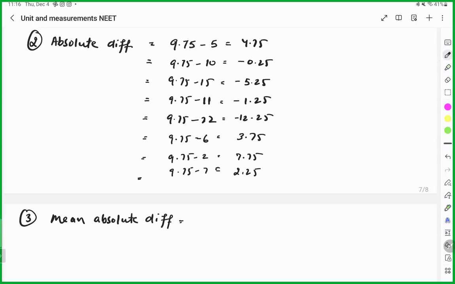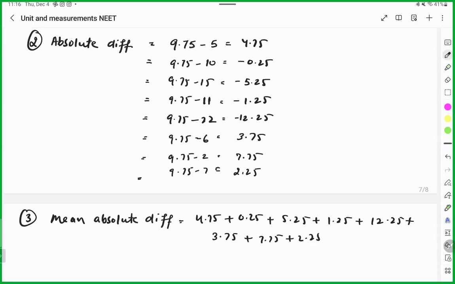So you will do 4.75 plus 0.25 plus 5.25 plus 1.25 plus 12.25 plus 3.75 plus 7.75 plus 2.25. You will ask, sir, why? Because we are talking about magnitude difference, not the positive or negative difference. Understood?